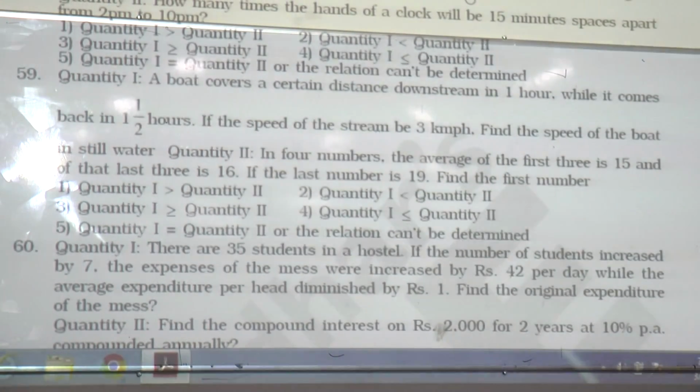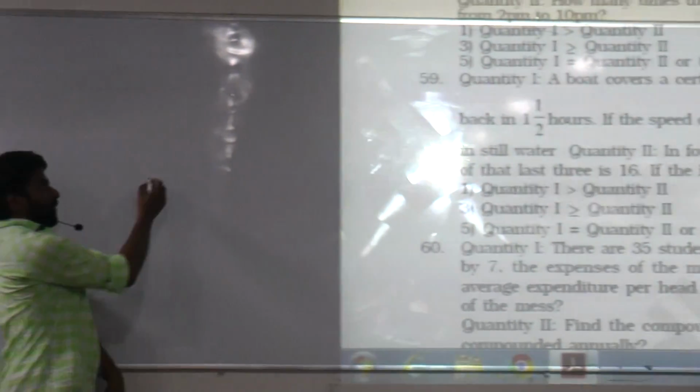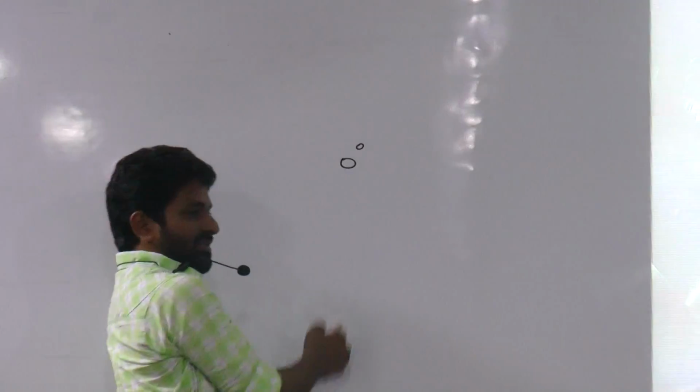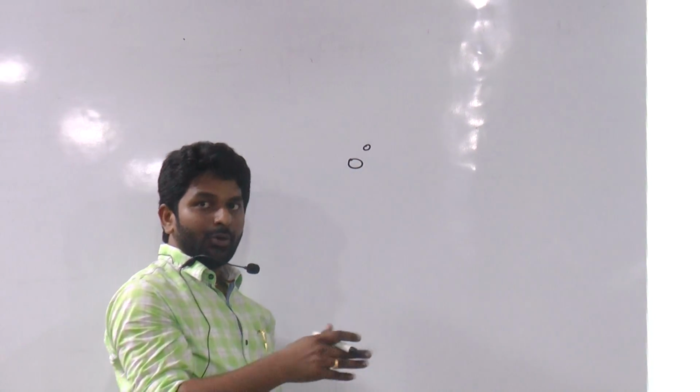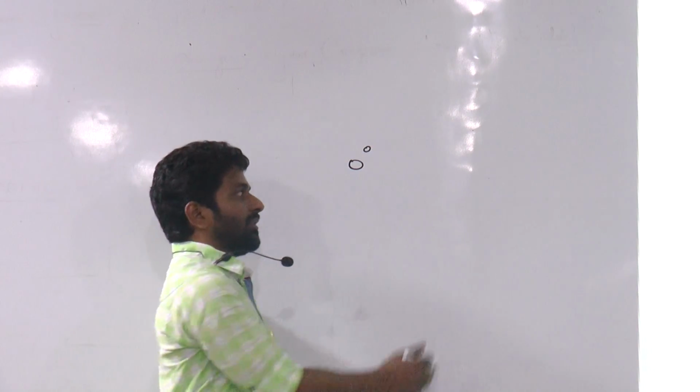Next, quantity 1. See, with respect to that, I'll tell you basic points. Try to remember those points. So with respect to clocks, you'll have 3 positions. One is 0 degrees: the 2 hands, hours and minutes hand, together.